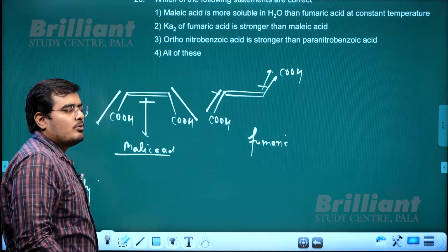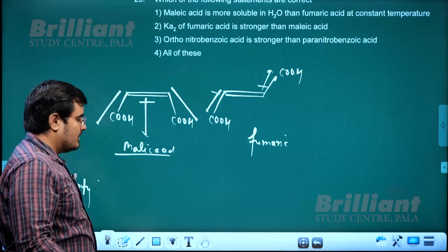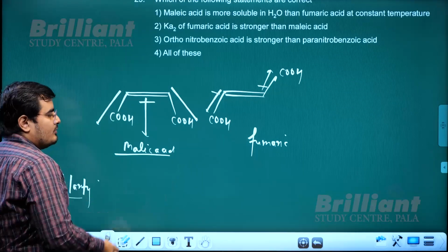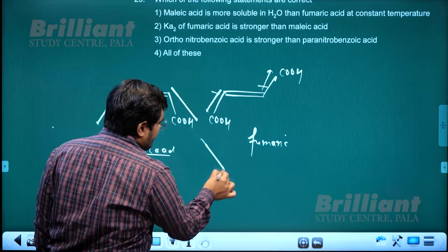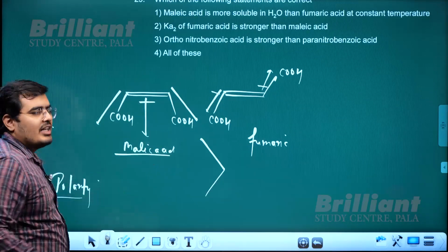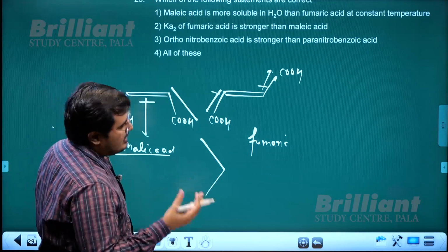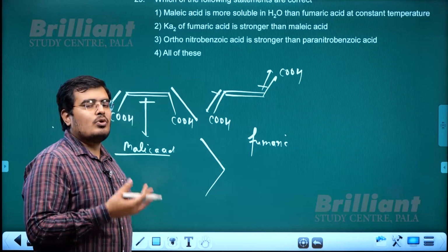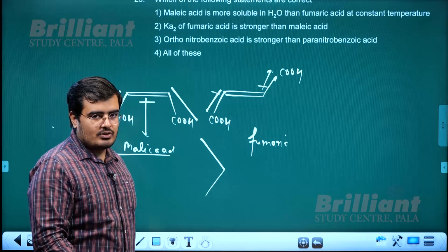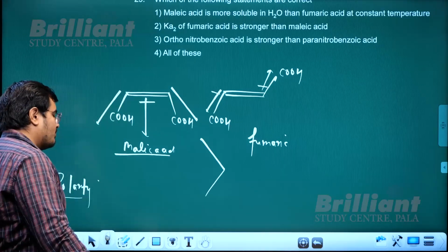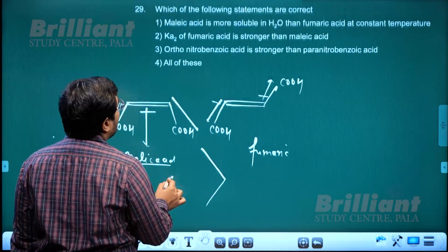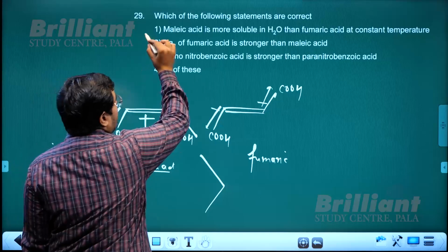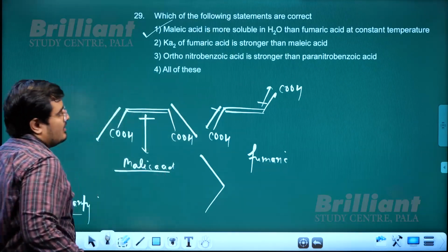Fumaric acid will also be polar but comparatively less polar. So if I talk about which is more polar, then you will find out that malic acid is more polar than fumaric acid. Since we know the general idea that like dissolves like, polar solvents will dissolve polar compounds. And since malic acid is more polar, we can say malic acid is more soluble in water than fumaric acid.